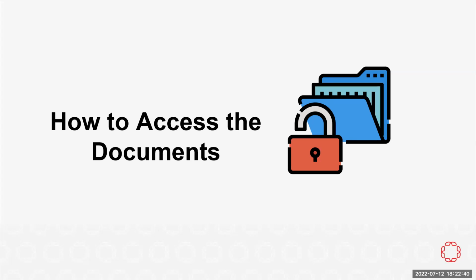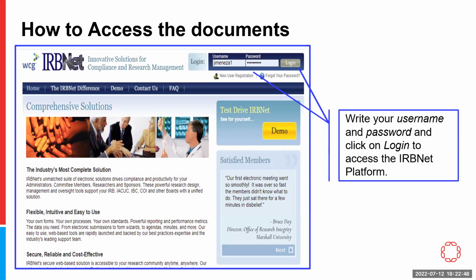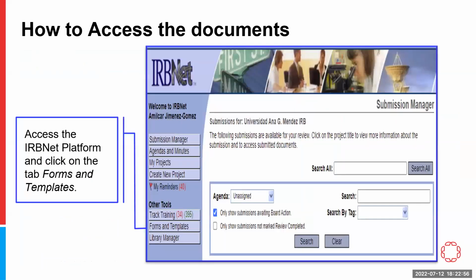Now, in order for you to access the documents, specifically the forms, you have to log into the IRB platform, IRB.net. Once you log in over there, you go and check immediately on the tab that says Forms and Templates.